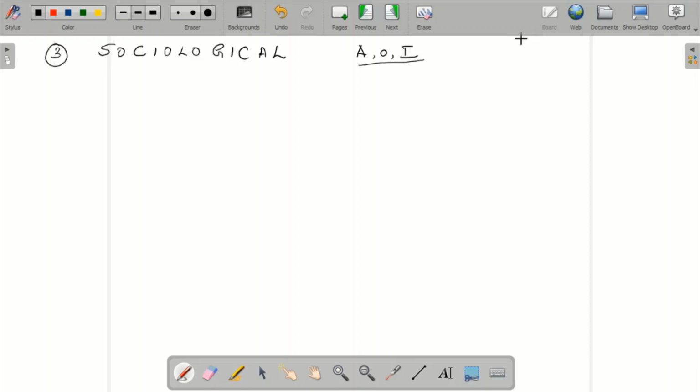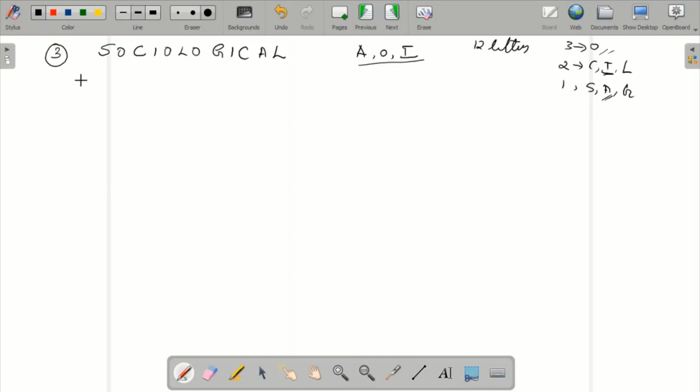We'll write first how many were there. Out of the total 12 letters we had 3 O's and 2 each of C, I, L, and 1 each of S, A, G. So here we have a vowel, here we have 2, and here we have 3.